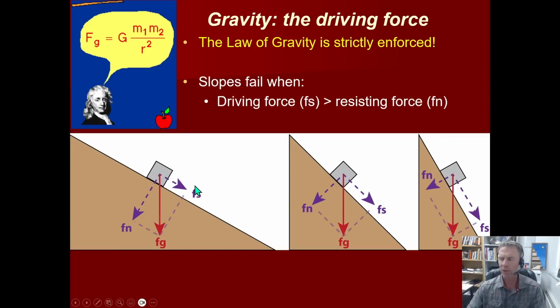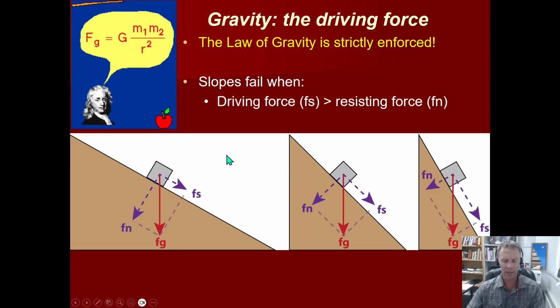Notice here on these diagrams that as we increase the slope angle from left to right, look what happens to our vectors, to our arrows here. The force of gravity stays the same, but the different forces involved, the shear force or the driving force, becomes longer and more pronounced as the slope angle increases, and the normal force or the resisting force gets shorter as the angle is increased.